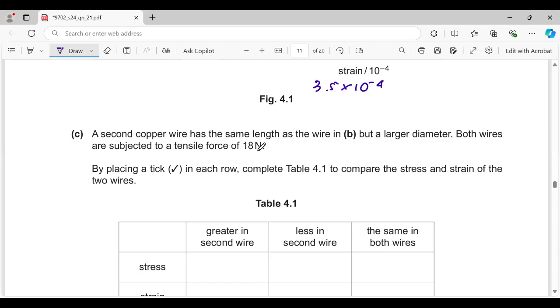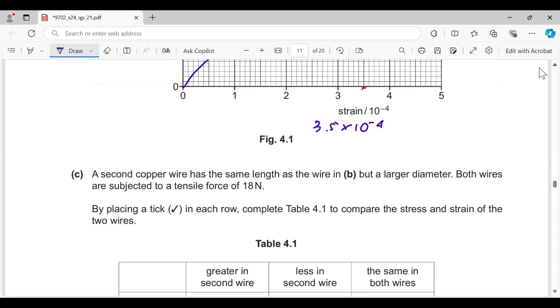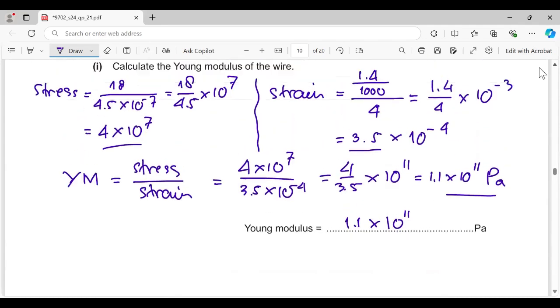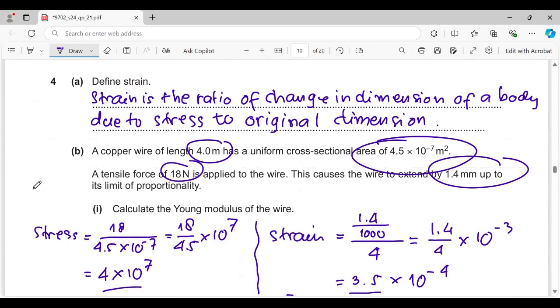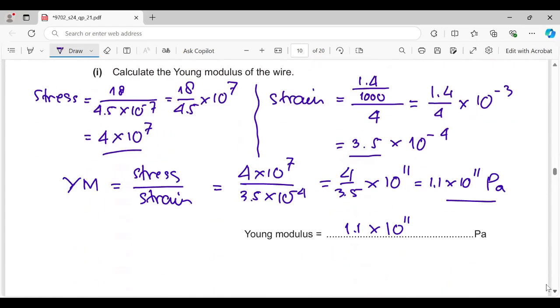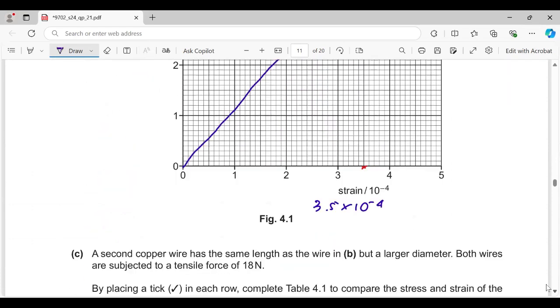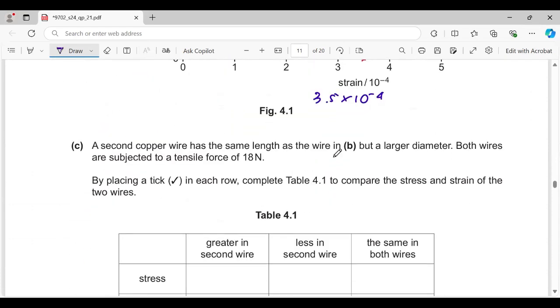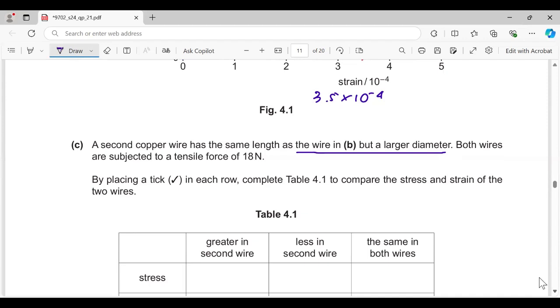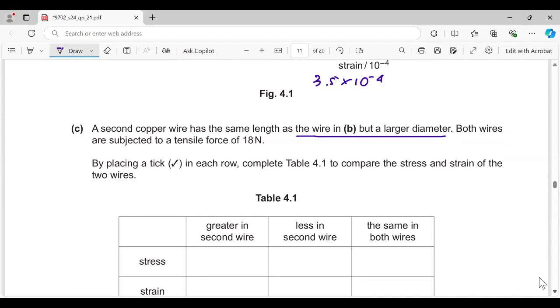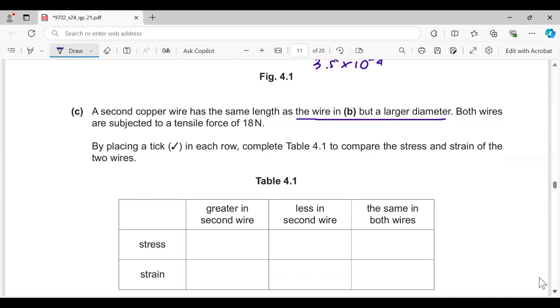It means less than the previous one. Same tensile force of 18 newtons, but the difference is the diameter of the wire. If the diameter of the wire is larger than the previous wire, it has implications for the stress and strain.